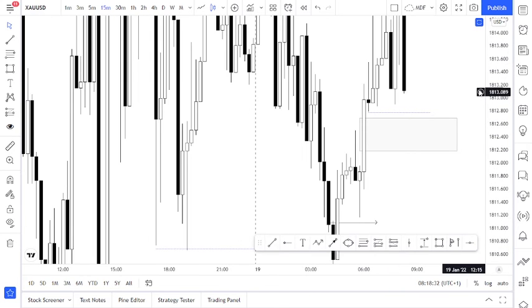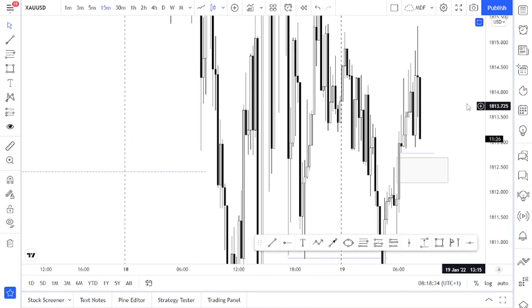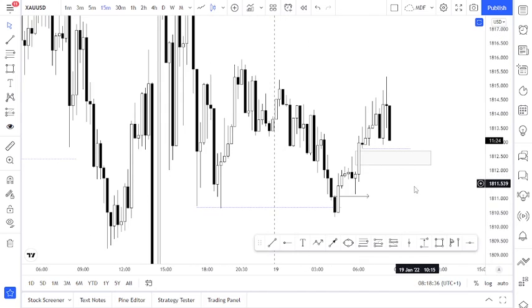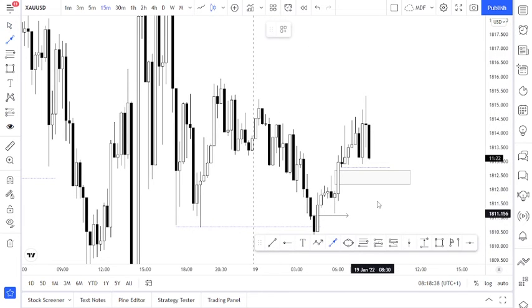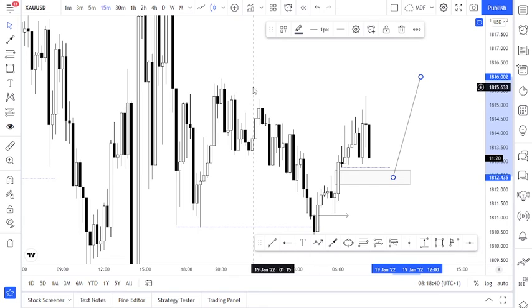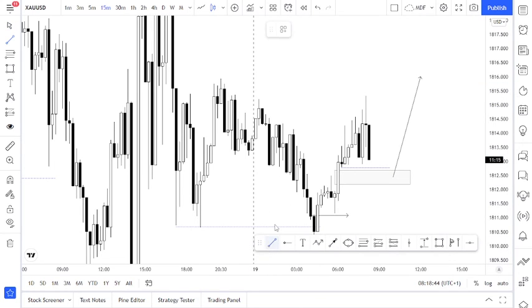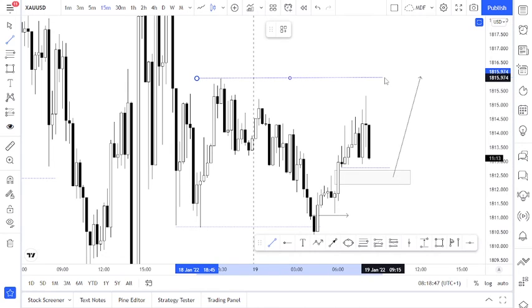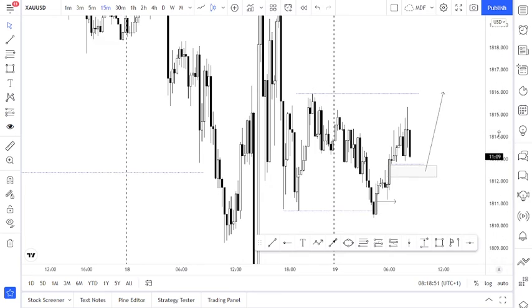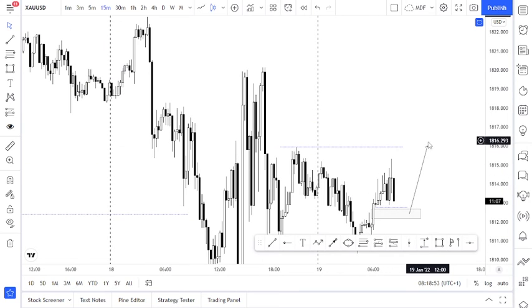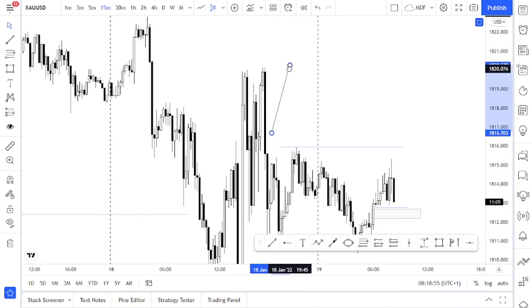I would actually want to see if gold can bounce off from this region. We have liquidities resting here also. I would want to see gold bounce off from there, then continue going higher all the way up to here.